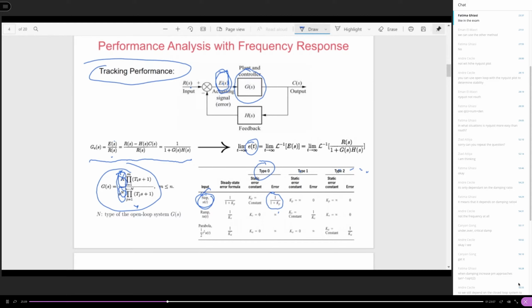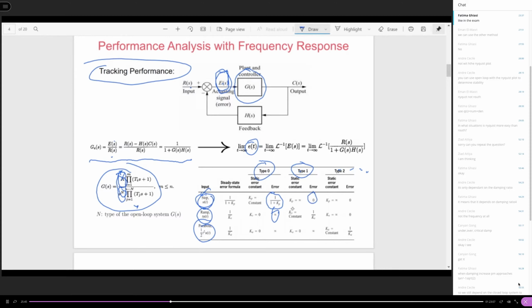But if you want to use a type 0 system to track a ramp signal, it is not possible, because the error is always infinity. Let alone the parabolic, the unit acceleration signal. You can't do it. For a type 1 system, it can track the unit step signal perfectly, so the error is 0.